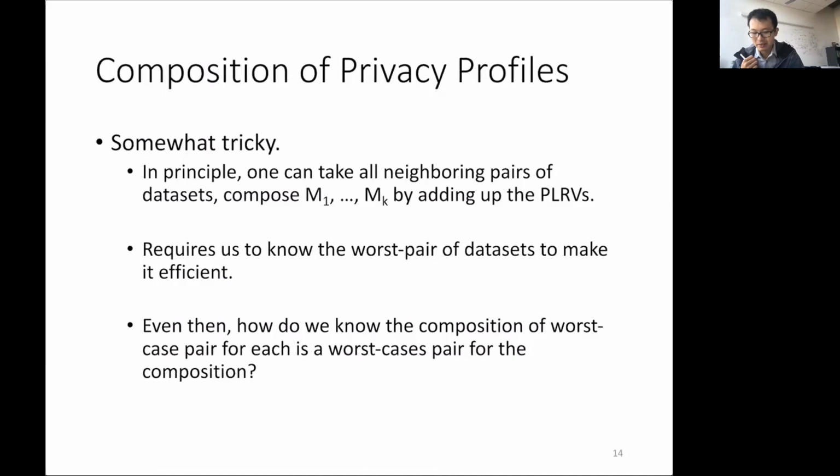And the individual worst case pair of data sets for individual mechanisms M1 to MK might also be different depending on which mechanism it is. For this reason, we are hoping to get something slightly more general, that allows us to consider the worst case pair for individual mechanisms and somehow extend that to the composition.